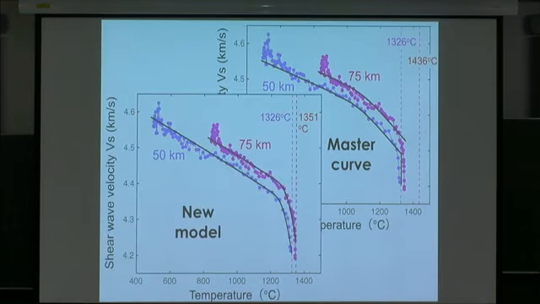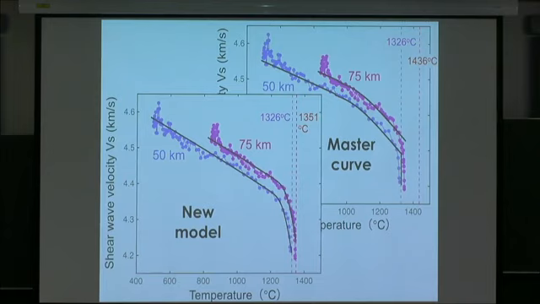And this is the fitting by the new model. The new model can explain well the steep decrease just below the solidus temperature. In contrast, the velocity reduction by the master curve model is small and not steep.